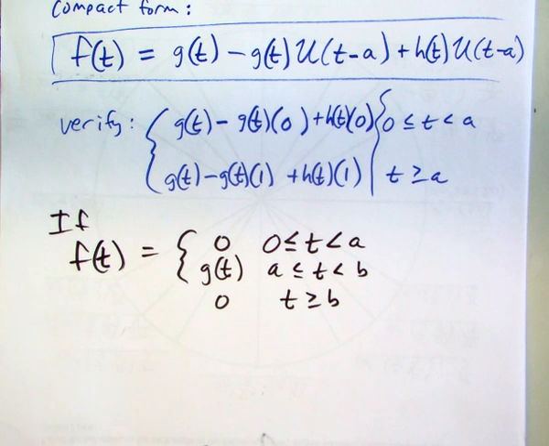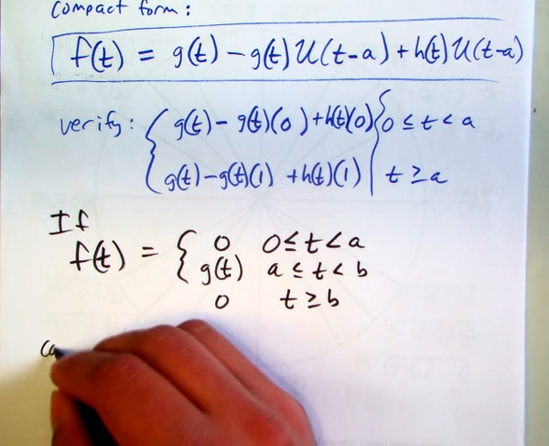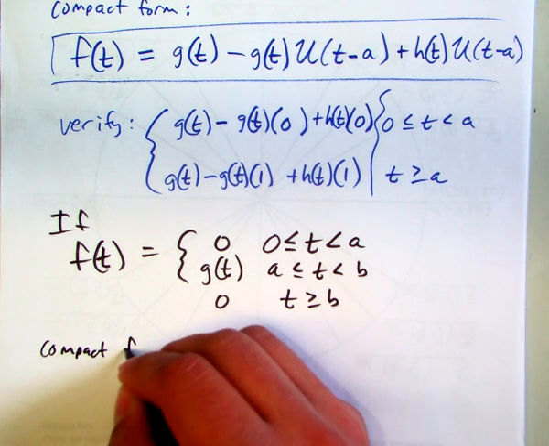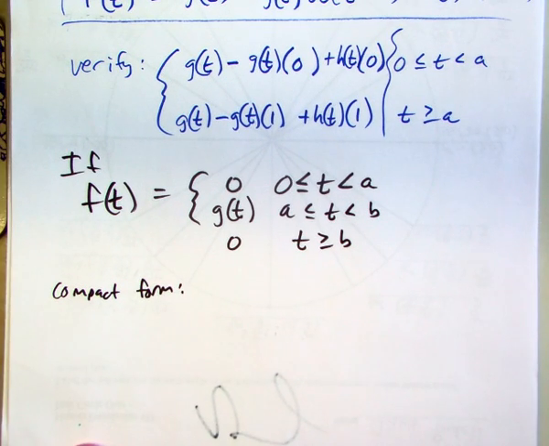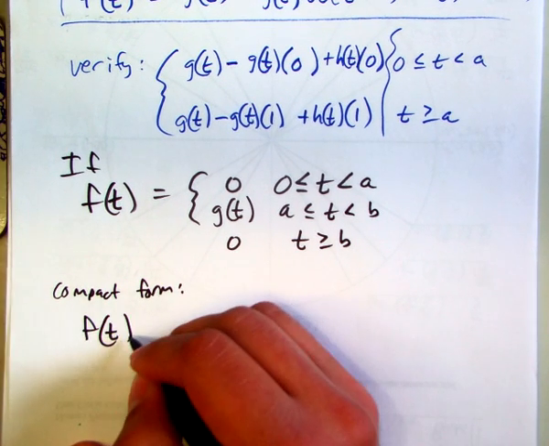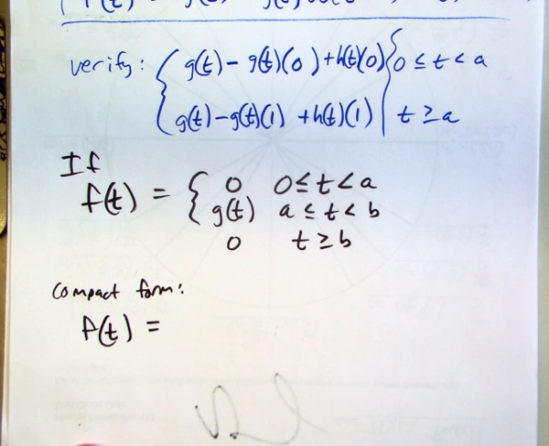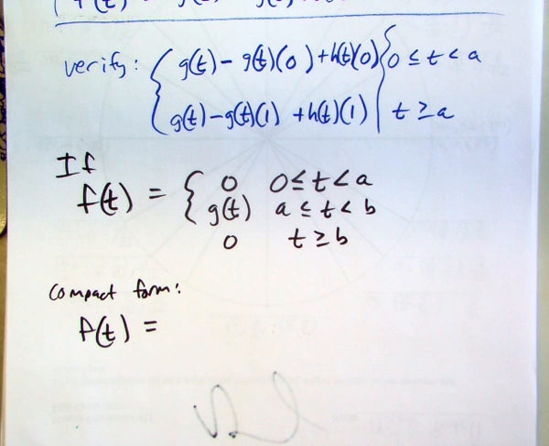If we condense this in compact form, this would be f of t equal to what? What do you guys think? What do we want first?